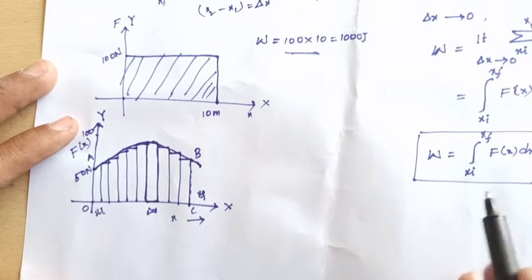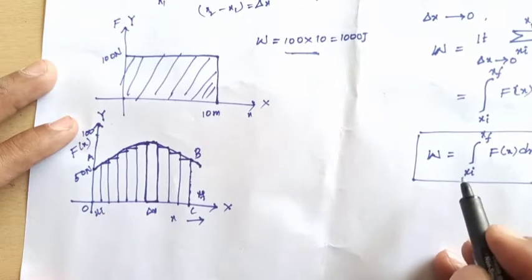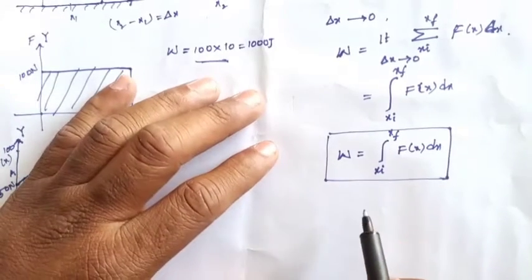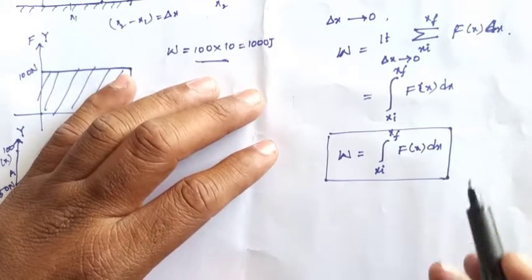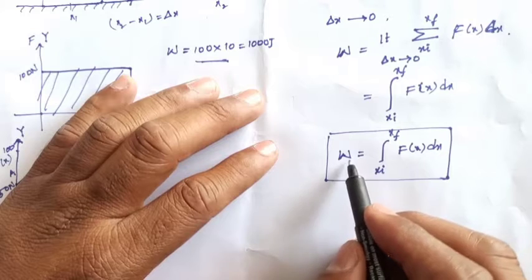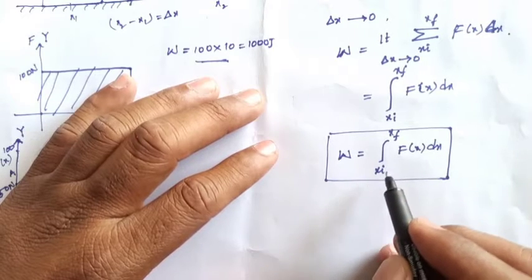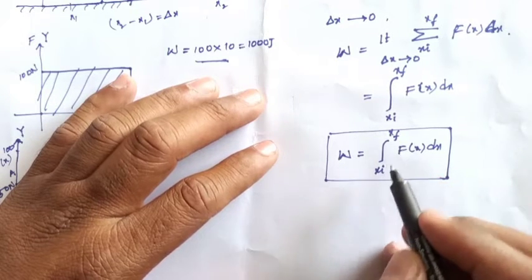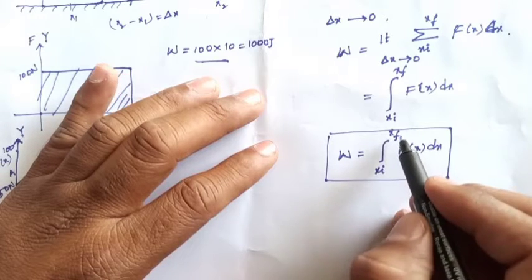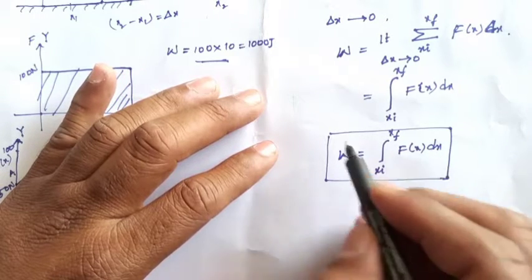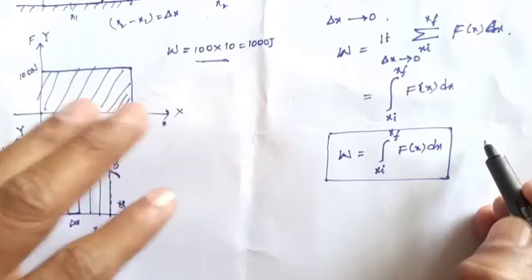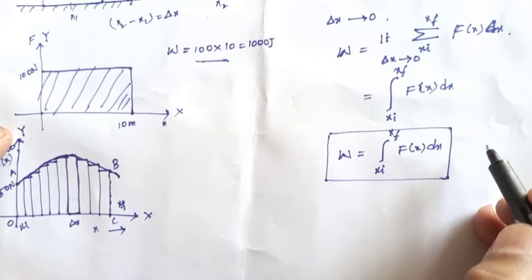It only depends upon the displacement. So W equals integration from xi to xf, initial position to final position, of f of x dx. This is the work done by the variable force.